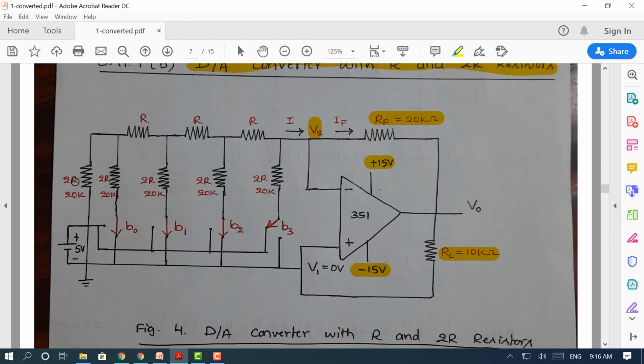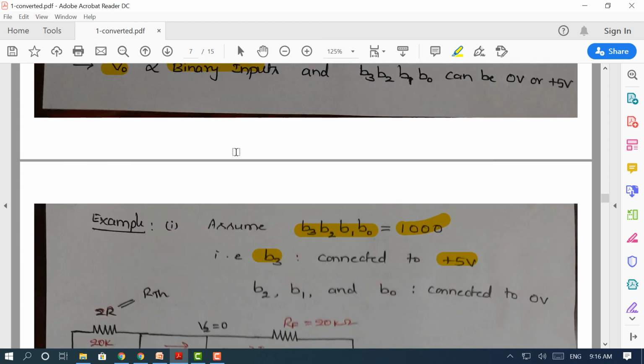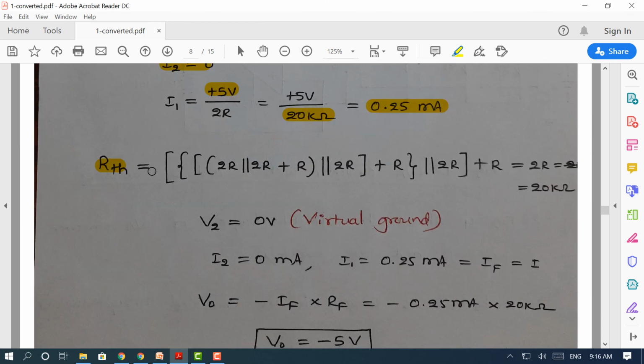You can see here this 2R resistance is in parallel with 2R, so the parallel combination of this is in series with R, which is again in parallel with 2R, which is again in series with R. This whole highlighted combination has one more branch in parallel with 2R, and again that is in series with R. So this total combination will be equal to 2R, and anybody can calculate that, and that's what we have shown here. The R Thevenin is equal to 2R, which is equal to 20 kilo ohm.